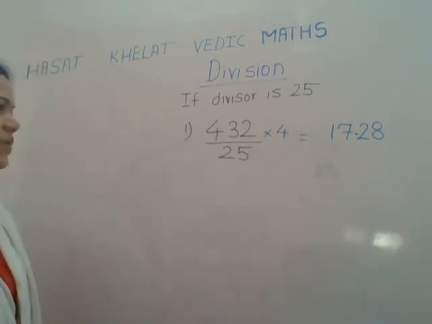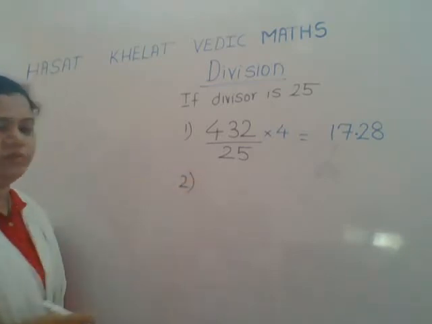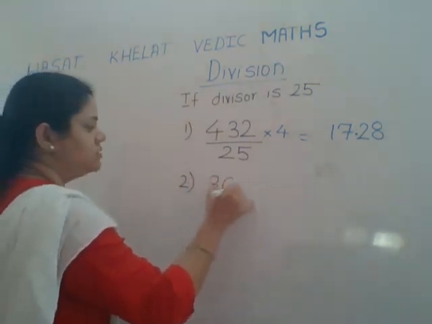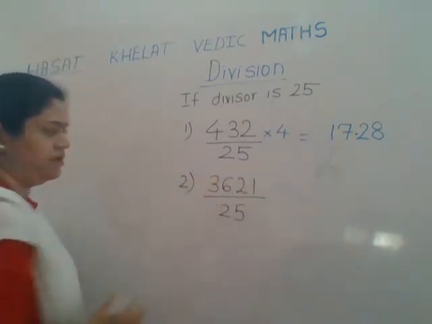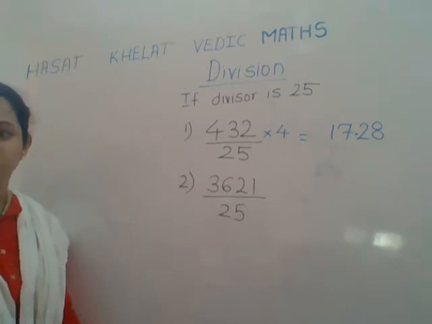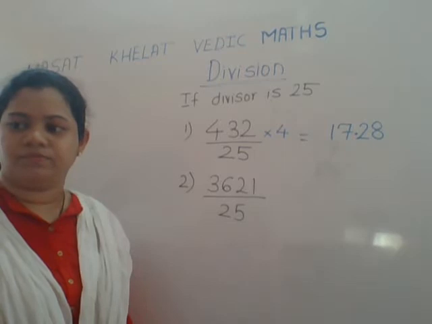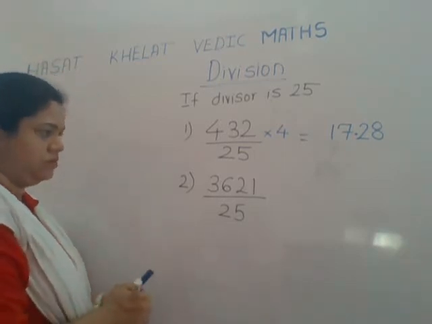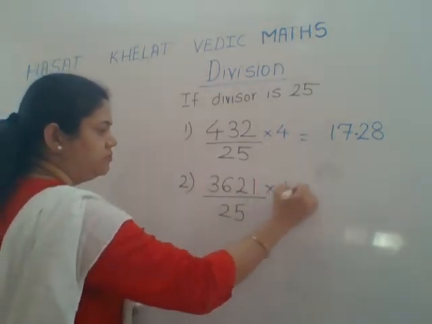One more example with 25 we'll see, so this method will be very clear to you. If the number is 3621 divided by 25, again we have to multiply this number by 4.